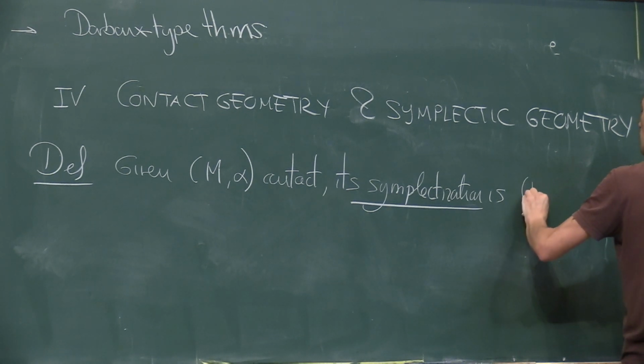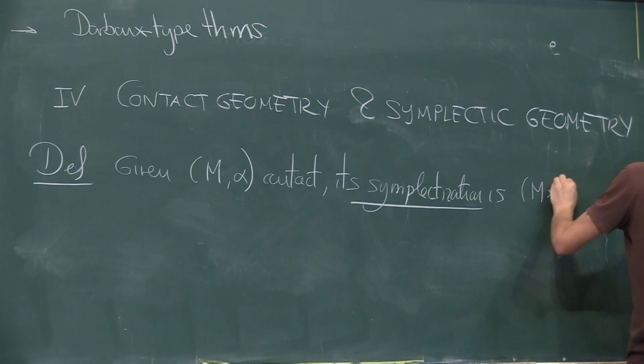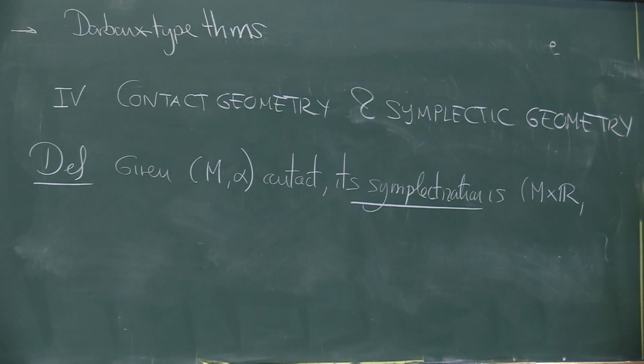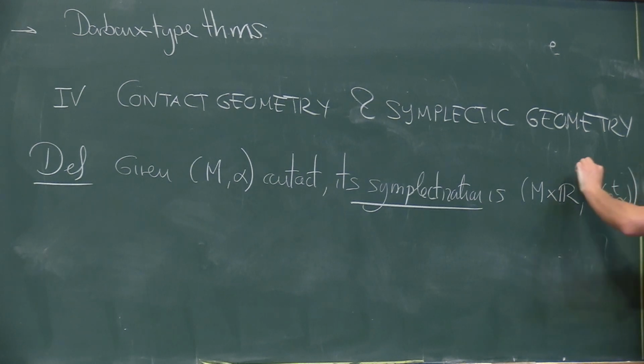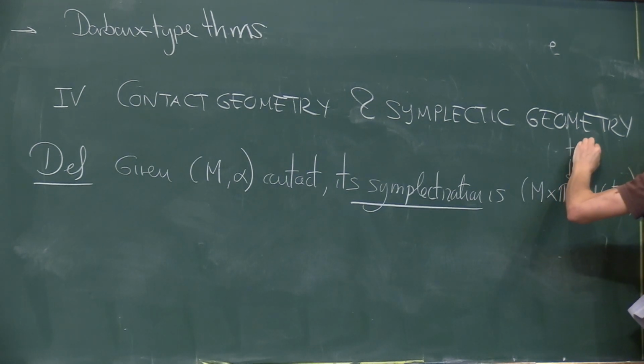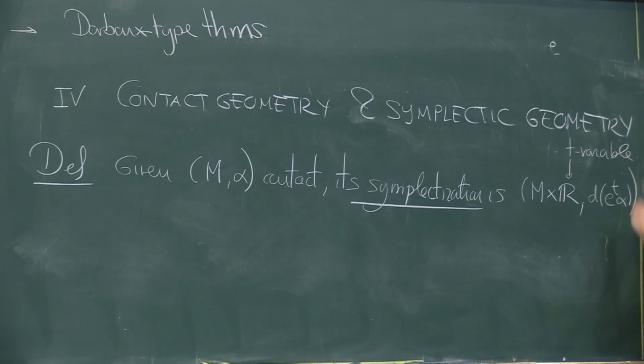You cross M with the reals, and you put the following exact 2-form, which is the exterior derivative of e^t times alpha, where of course I'm not writing pullbacks to the corresponding factor, and I'm using here the t variable. And you right away check that the contact condition on alpha implies that this is a symplectic form, right?